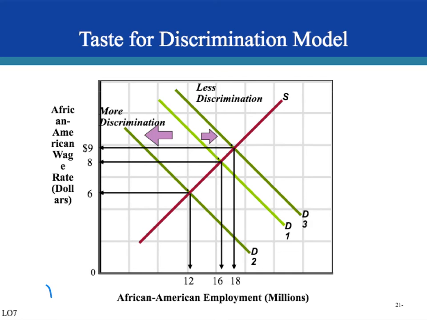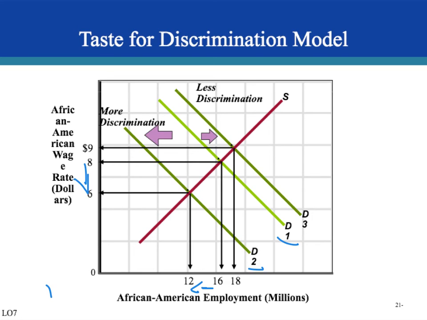Let's look at this in graph form. If the employer is prejudiced against African Americans, the demand for African Americans, starting off at D1, shifts to the left to D2, and what happens is that the wage rate for African Americans drops. Since there are fewer African Americans employed, they're willing to take a lower wage in order to find work.